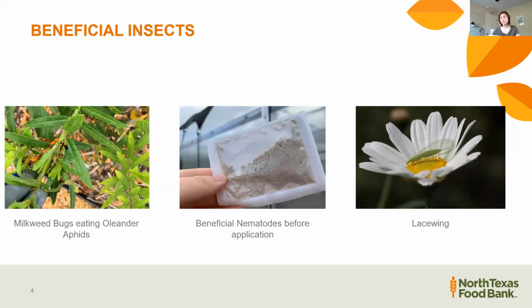So once they were activated, I just sprayed the garden beds that I wanted nematodes in because I had a grub problem. And so they're really simple and easy to use. Nematodes are great, but that's what they look like before you apply them. And then on the right is a lacewing, who again, they like to eat those soft-bodied insects. This insect may not be super familiar to you, so I wanted to include a picture of that here.